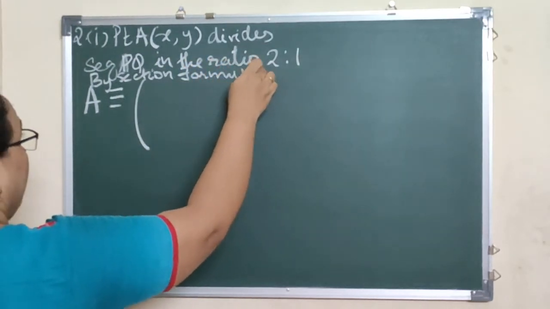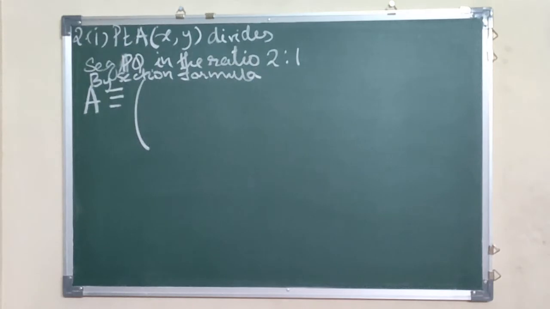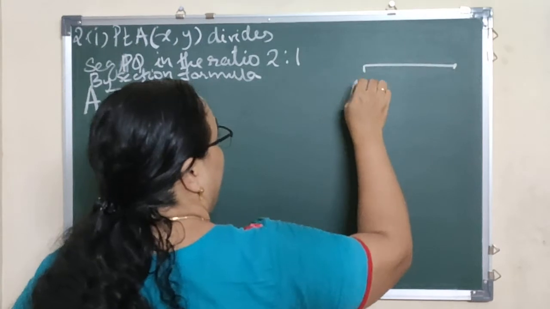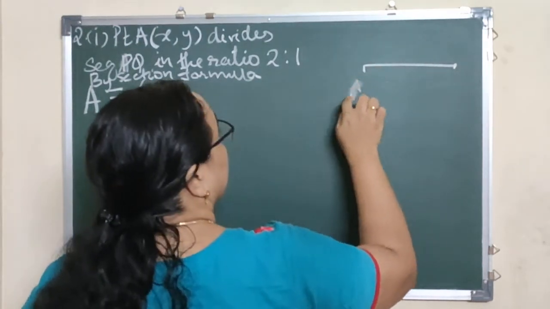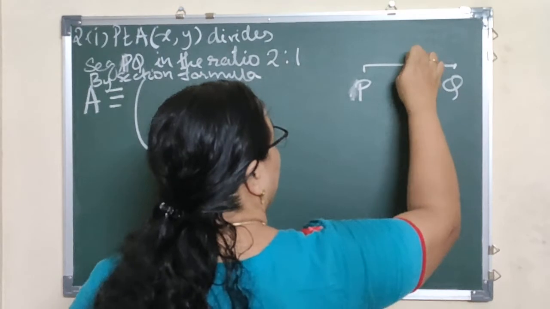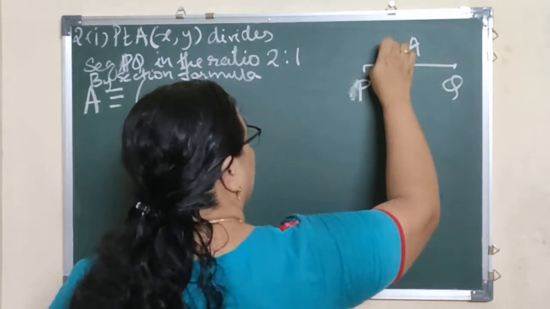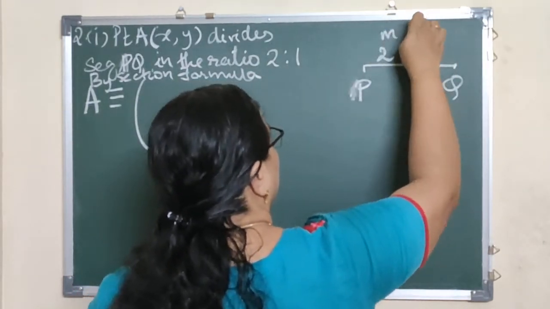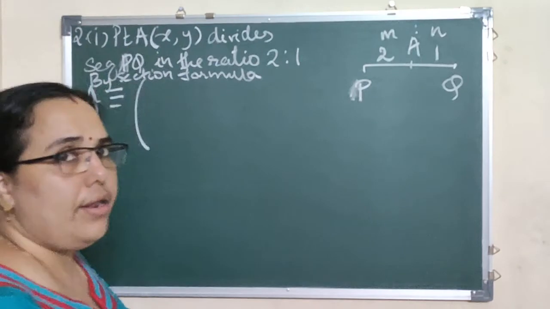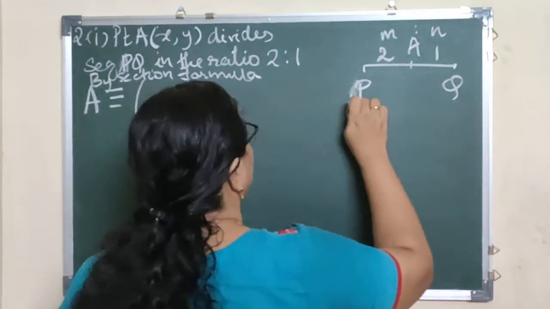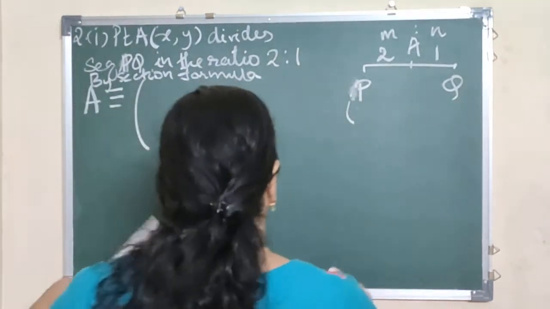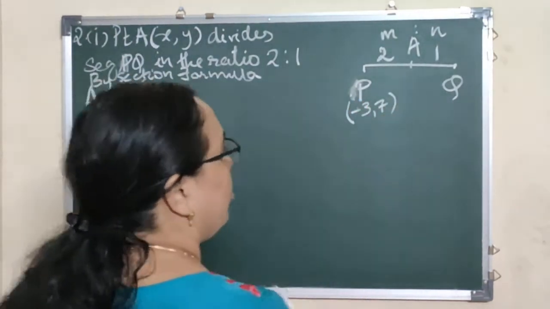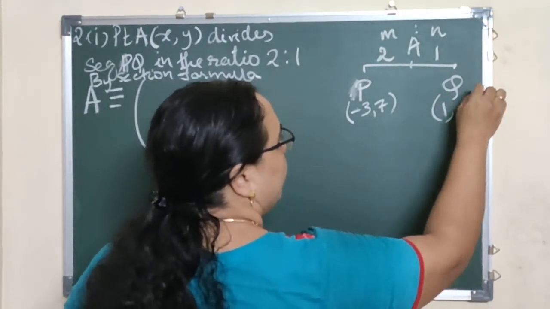Yes, girls, you have to write this, and in the first step you have to write the formula. What is the formula? Let us recall the formula. Here you have your points P and Q. Here you have the point A. The ratio is 2:1. I hope you remember initially it is m:n, and here it is x1 y1. According to this question, P is -3,7, and Q is 1, -4.